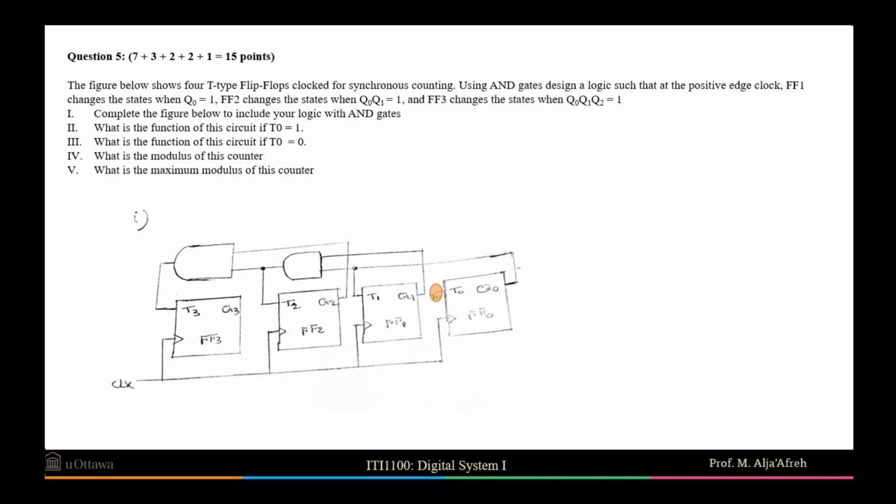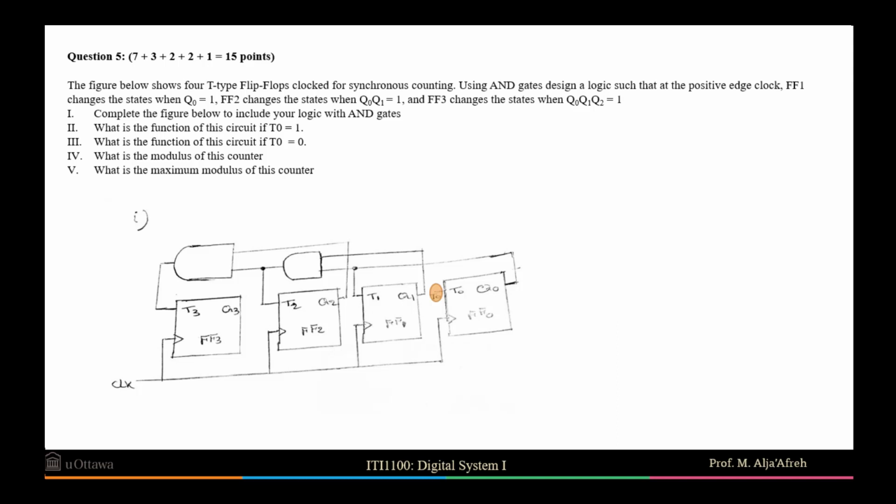Why? Because the input for each flip-flop requires an AND operation with the previous flip-flop states. However, if the initial state is odd, like 1, 3, 5, then the state goes up by 2 until 15 and then goes back to 1.